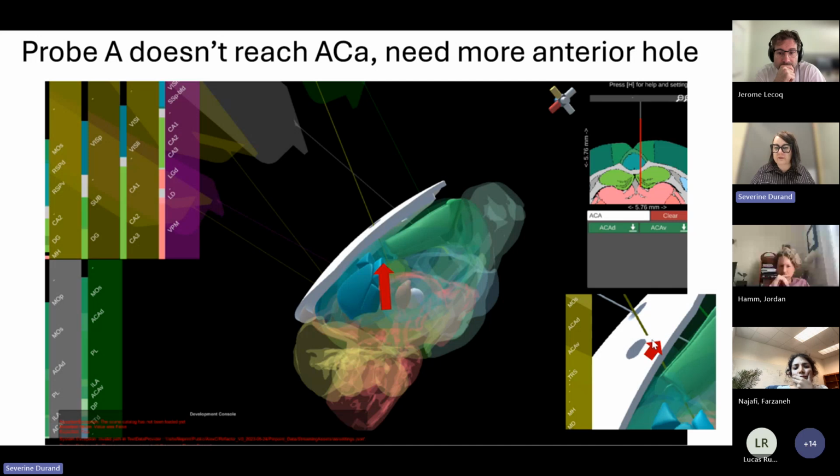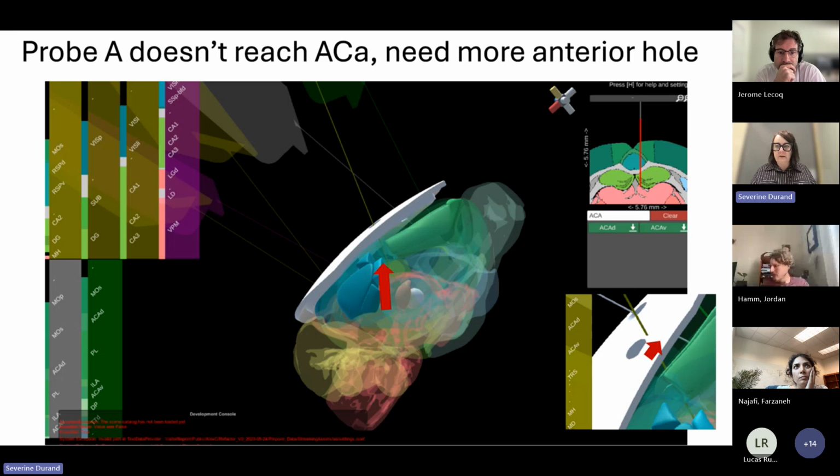So maybe 0.5, what you were saying, would work. Do you see what I mean? Here, the angle doesn't reach ACA. So just some adjustments would be nice, just a slightly more anterior hole. That's it.